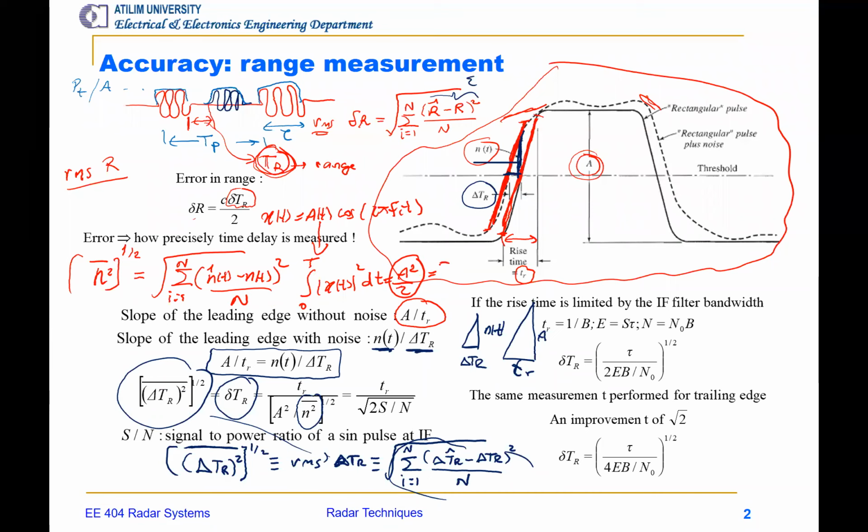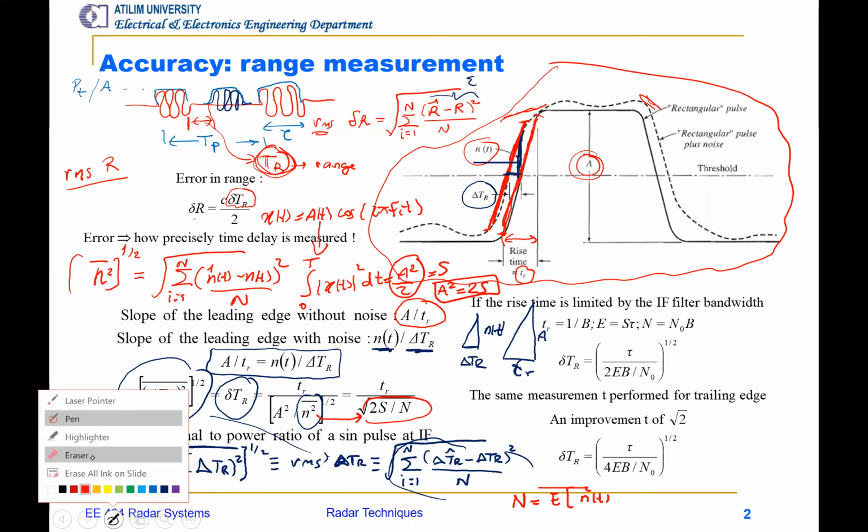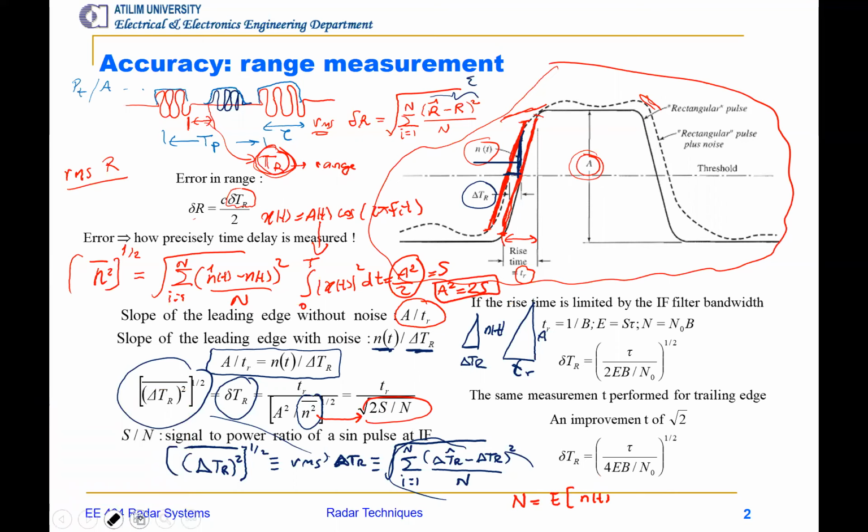If we equate this to power, then a squared is going to be 2S, 2 times the power. So we can convert this into a power form, and the noise power for a random process is simply the expectation of n of t squared, okay, from probability theory we know it, which is actually the variance of n of t.